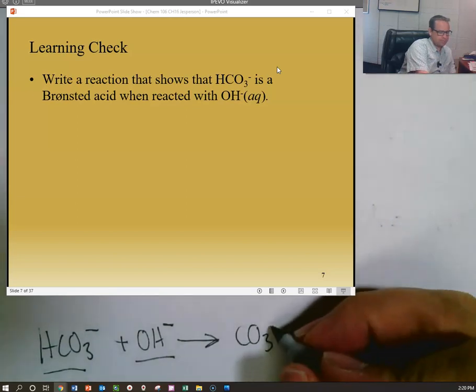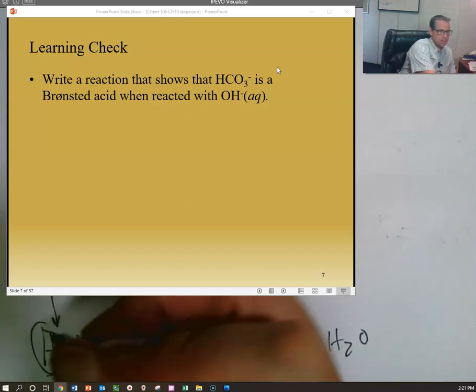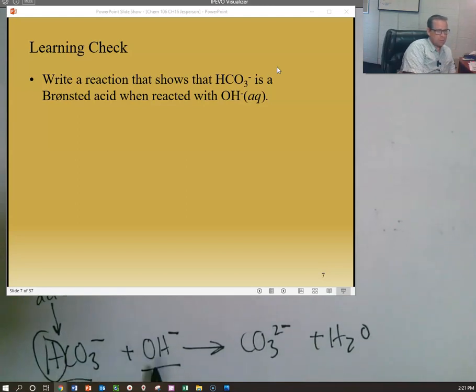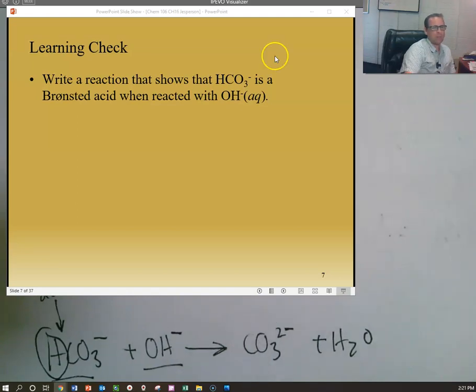Okay, very good, CO3 2 minus and H2O. We were told this was the acid, therefore this hydrogen is going to be donated to the hydroxide, making water. What's left behind is CO3 with an extra negative charge, CO3 2 minus, or the carbonate ion. Very good.